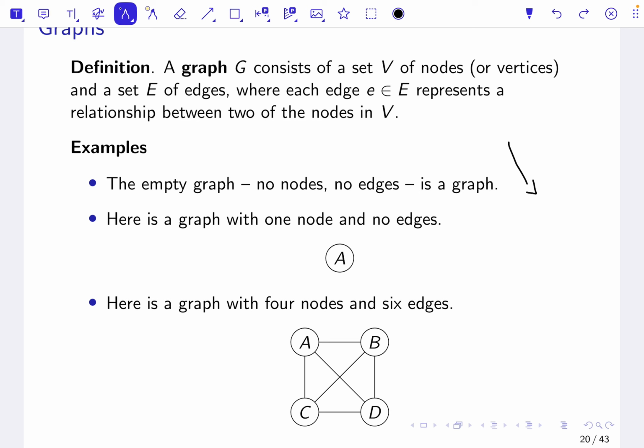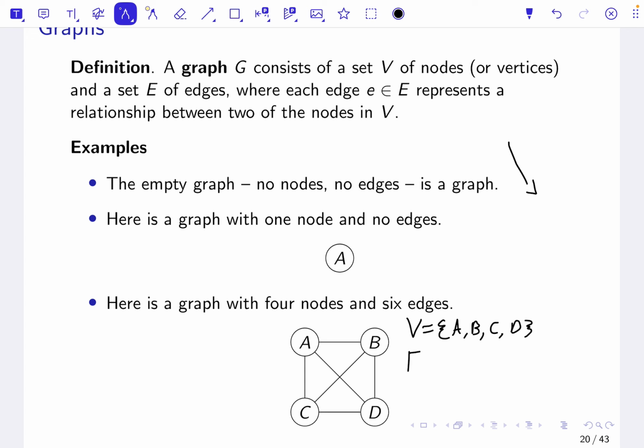So what this picture at the bottom of the slide is mathematically is 2 sets. V is the circles. And then E is the lines.